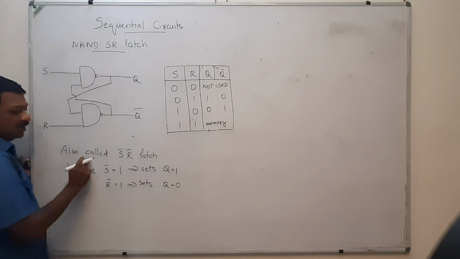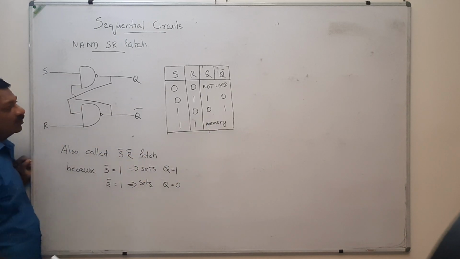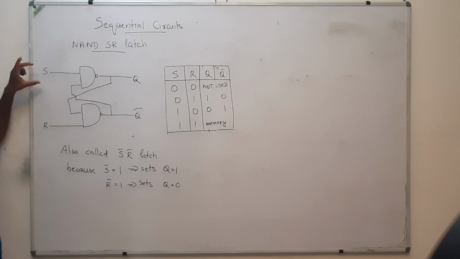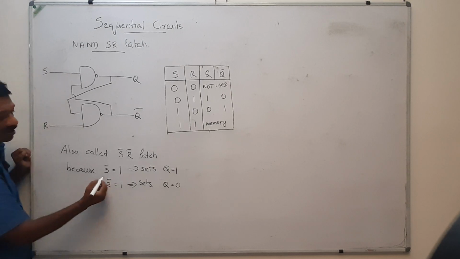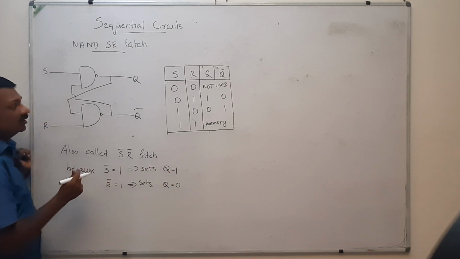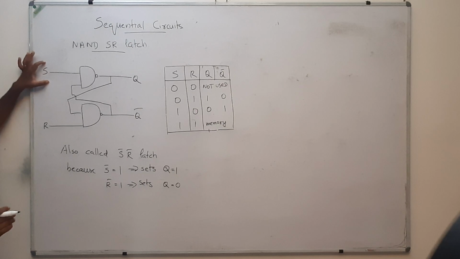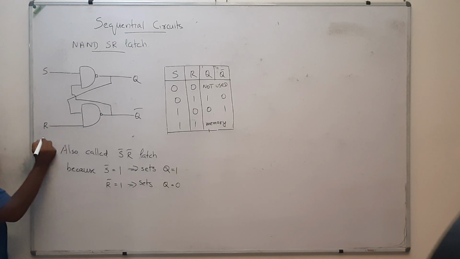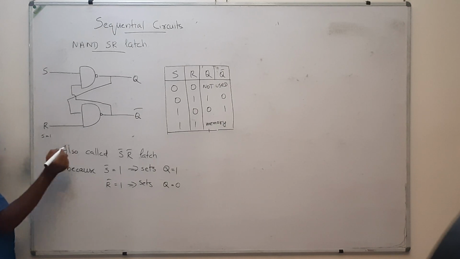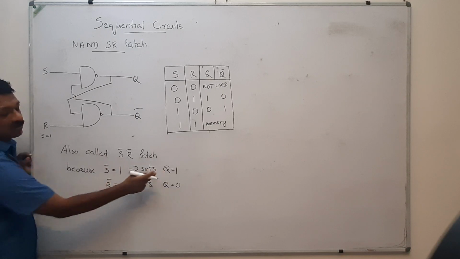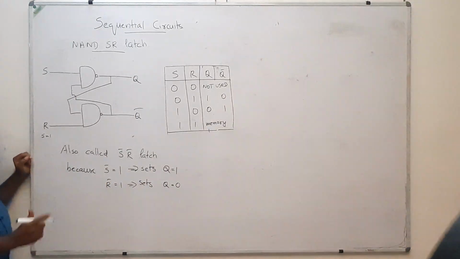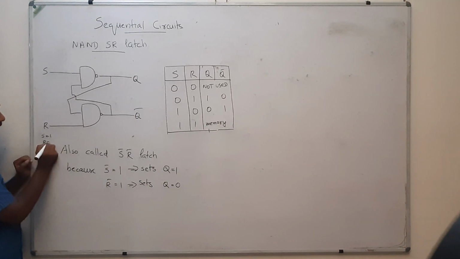Here this is S bar R bar latch, which means S equal to 0 is active. That means when S bar is equal to 1, it sets Q equal to 1.